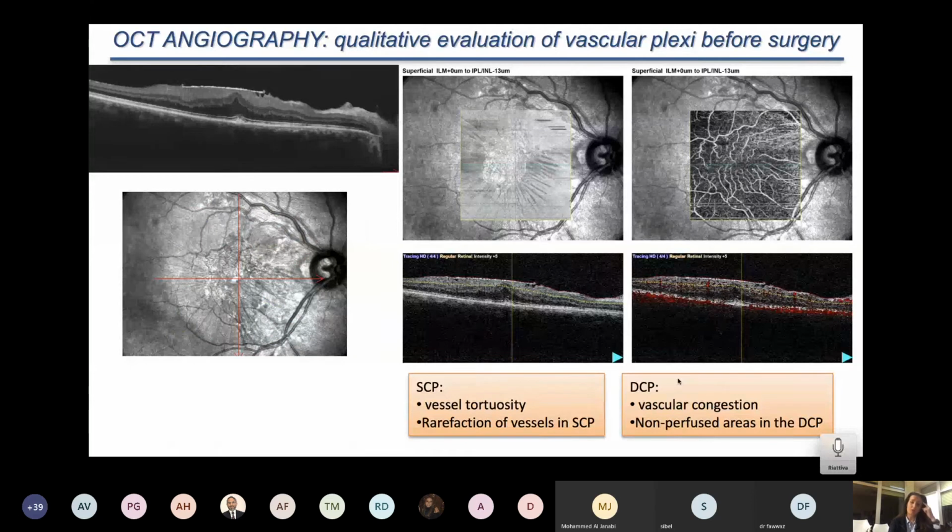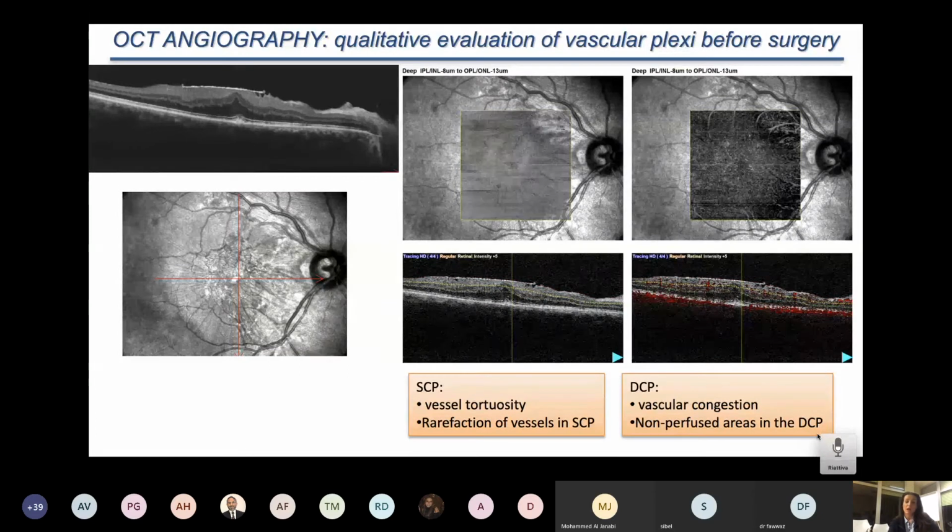The qualitative evaluation allows us to see in the superficial capillary plexus, SCP, vessel tortuosity induced by epiretinal membrane, vascular congestion, and the non-perfused areas in the DCP.